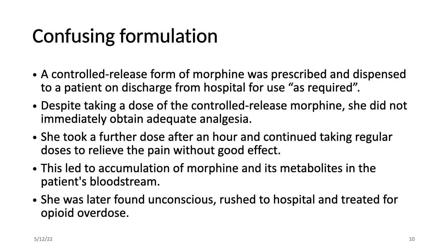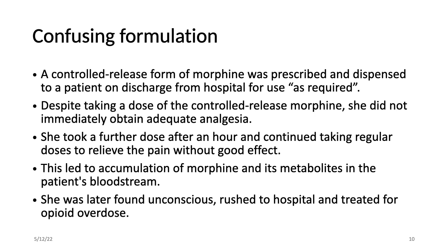A control release form of morphine was prescribed and dispensed to a patient on discharge from hospital, to use as needed. The patient has long-term cancer pain. Despite taking the dose of control release, she is not getting any help; her pain is still there. Control release needs time to build up in your system, so she was not achieving any relief or comfort.